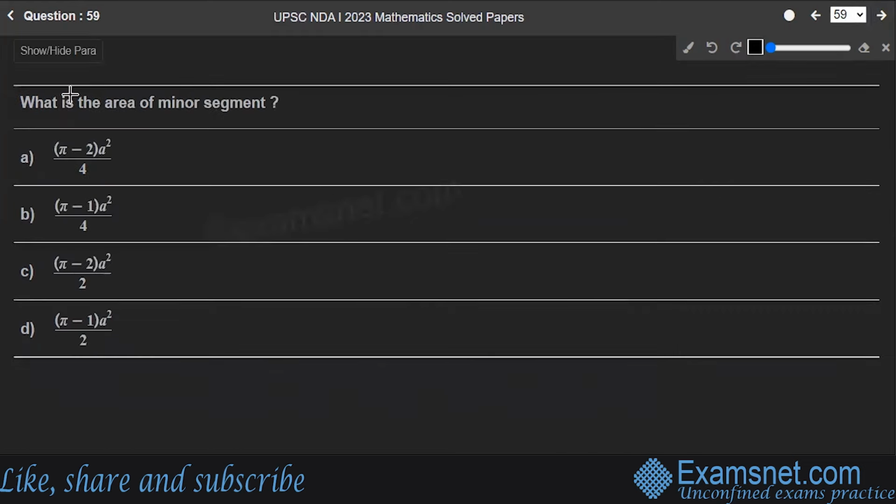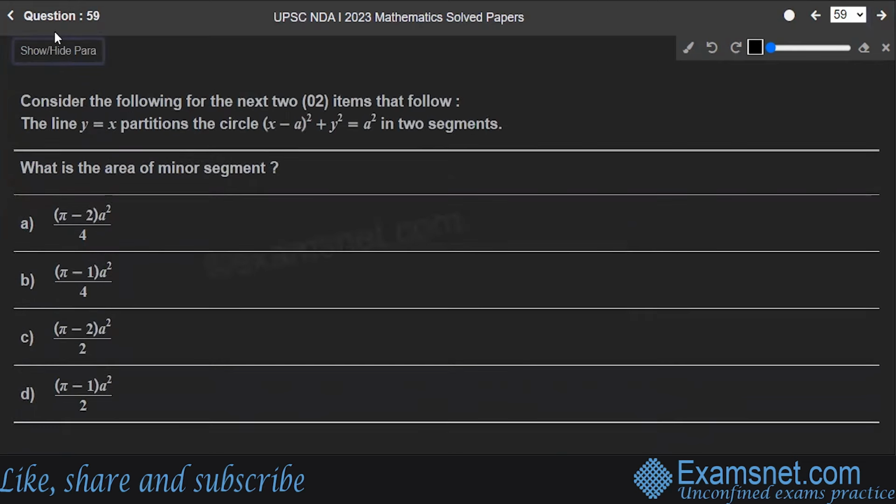Question number 59. So same question, 59 and 60 will be following the same statement. The line y is equal to x partitions this circle in 2 segments. Let's draw the circle. Let this be the axis. Now, if I look at this circle, what is the center of the circle?